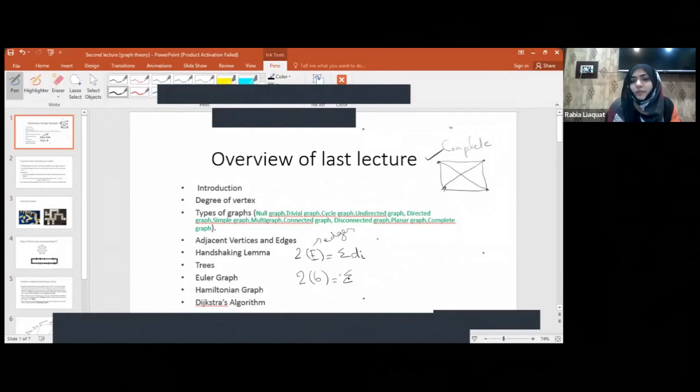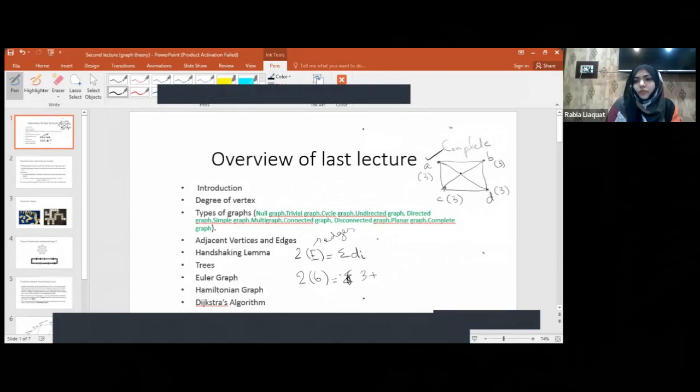Sum of the degree sequence means, for example, we name this A, B, C, and D. The degree of A is 3 because there are 3 edges passing from A: 1, 2, 3. The degree of B is also 3. The degree of D is also 3. And the degree of C is also 3.